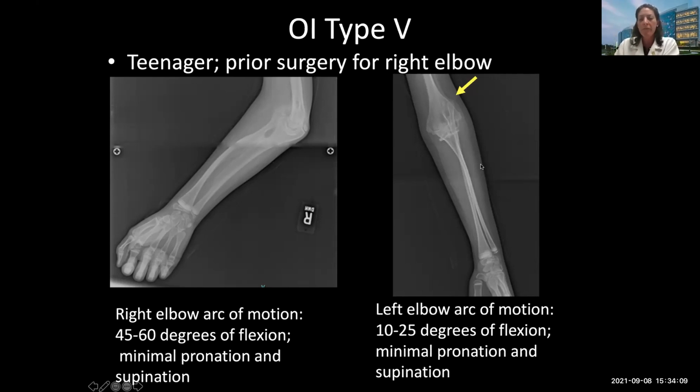And then on the left side here, different position of the arm, more extended, but again, only able to move from about 10 to 25 degrees of flexion and very little ability to pronate and supinate.